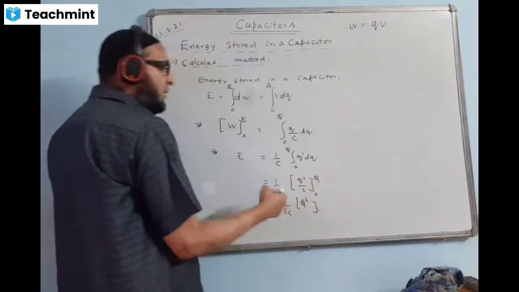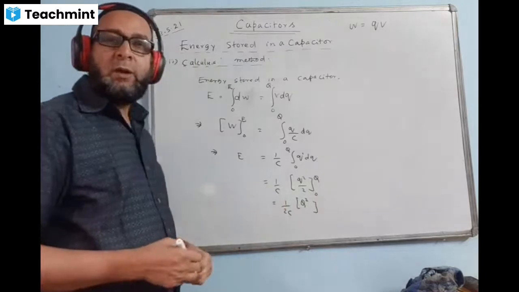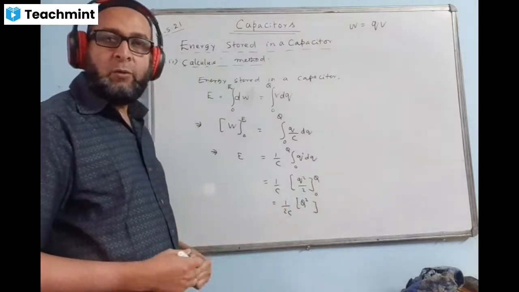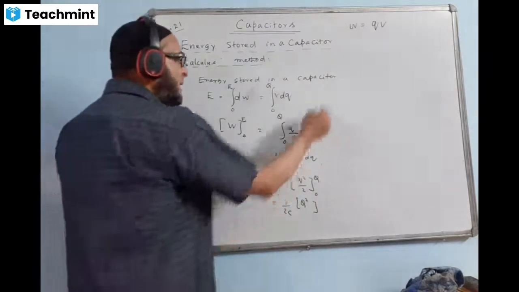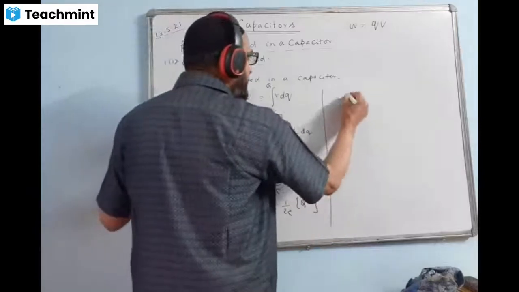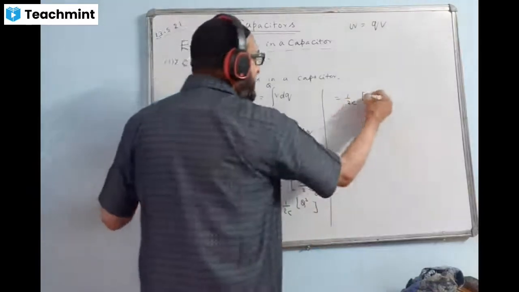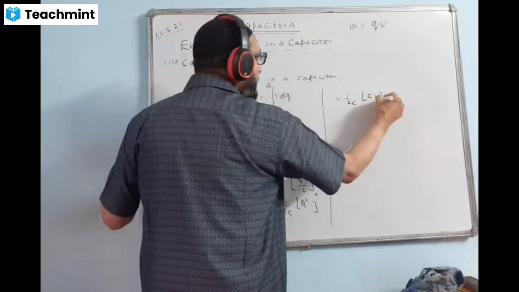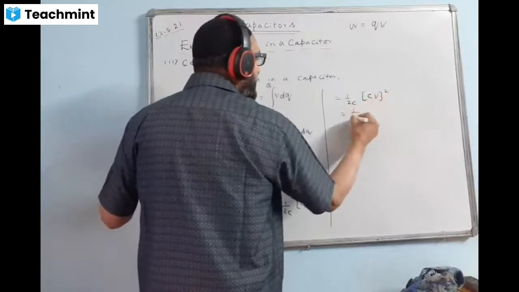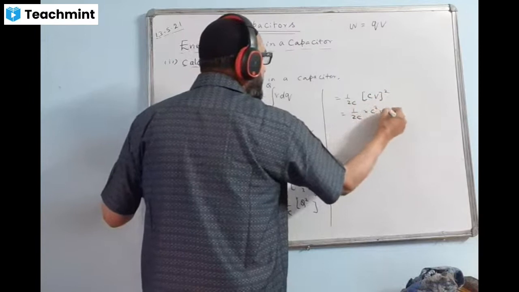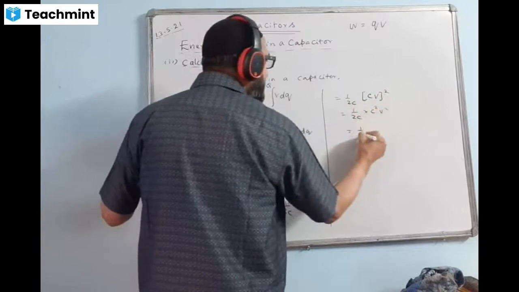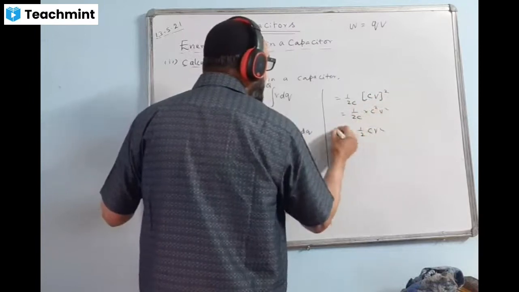Q square minus 0 square, answer remains Q square only. Now next line, 1 by 2C, and Q value I'll put now CV, but there is a square over here, so I'll put square. You get 1 by 2C, C square, V square. One C cancelled, answer finally becomes half CV square.